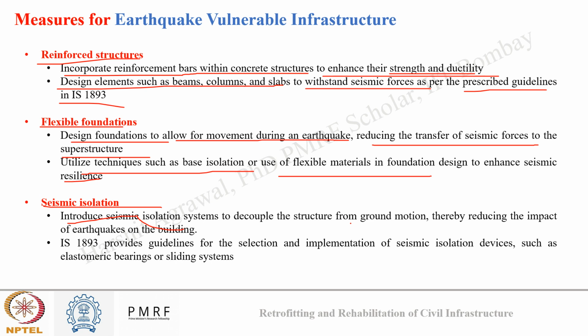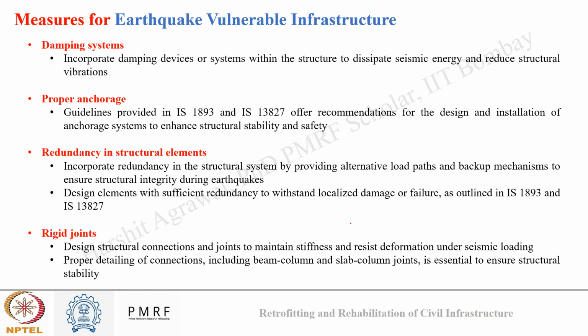So such systems are also prescribed by the Indian codes, which should be used for isolating the structure from the foundation in places where seismic activity is a very big threat. Another way can be the use of damping systems, incorporating damping devices within the structure to dissipate energy and reduce structural vibration. This we have already discussed.